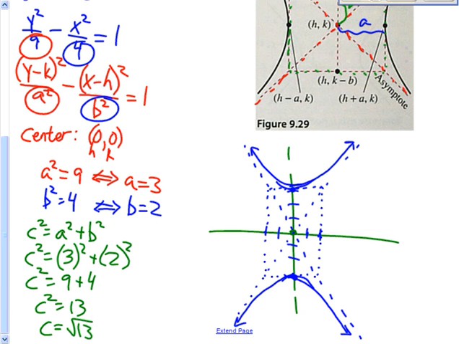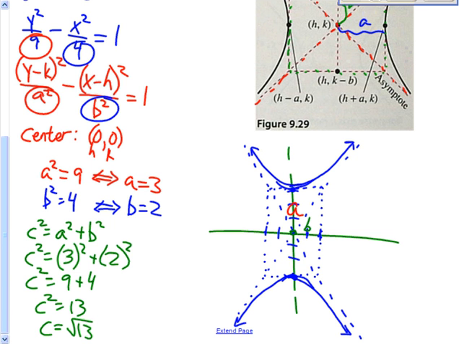Okay, and obviously I can plug in some points and get some points on that hyperbola. But this helps us to approximate pretty well what this thing is going to look like. Okay, so again, this is the distance a here, distance from center to the vertex. This is our distance b right here, b. Okay, helps us draw that rectangle.